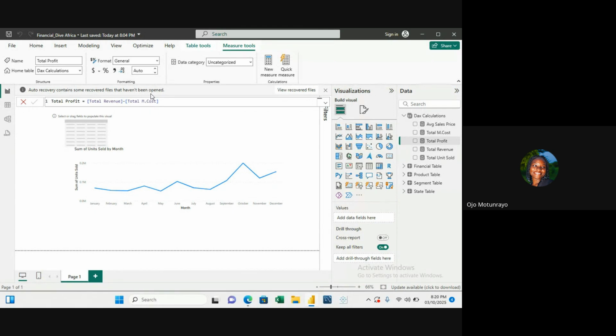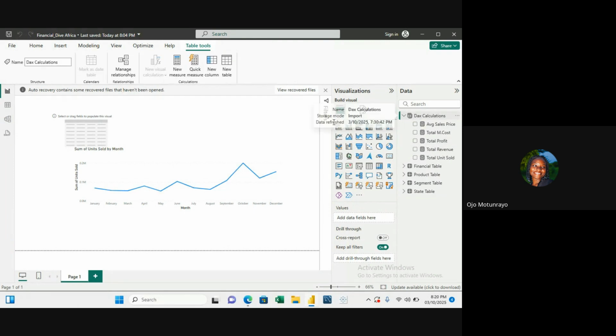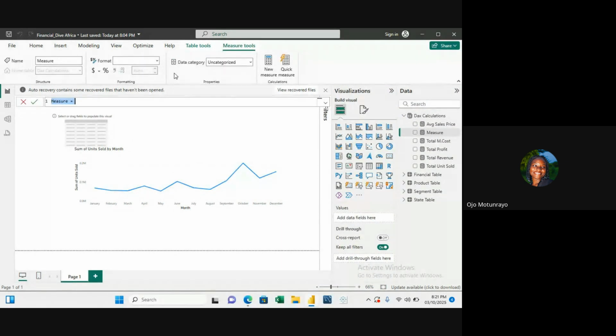So after total, that's the calculation. New measure: the price per unit, right?